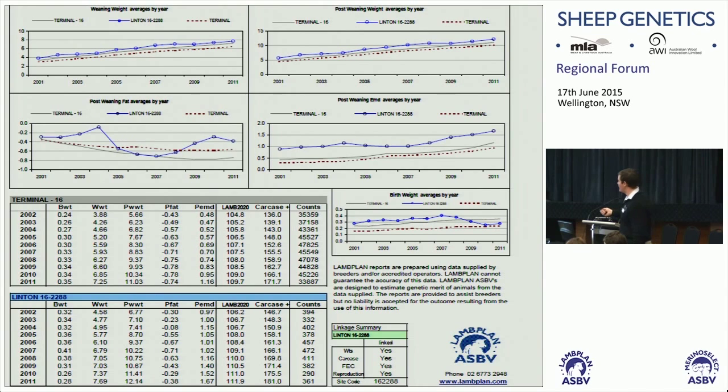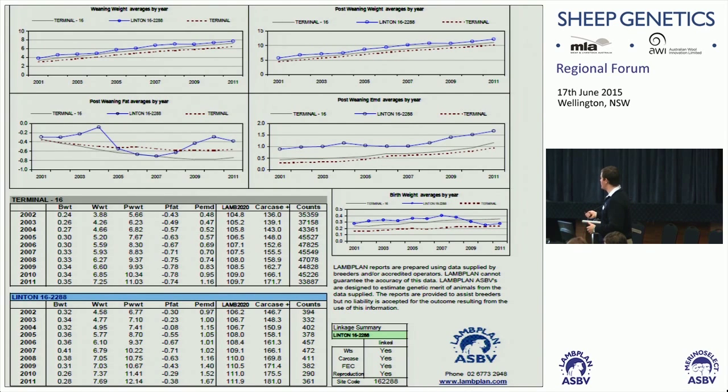So we go up to eye muscle depth, and it is fair to be comparing where we're sitting against the breed that we are and the analysis. So this is a terminal breeder. The one line will be the whole analysis that you're in, and the other little grey line, up the back there, you might just be able to see, is the breed.